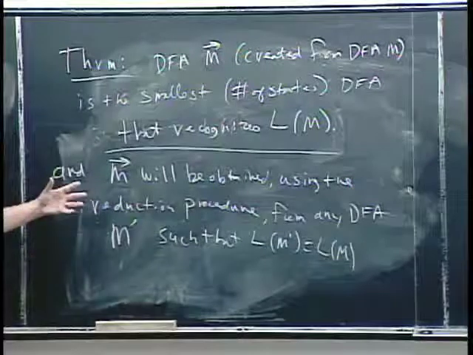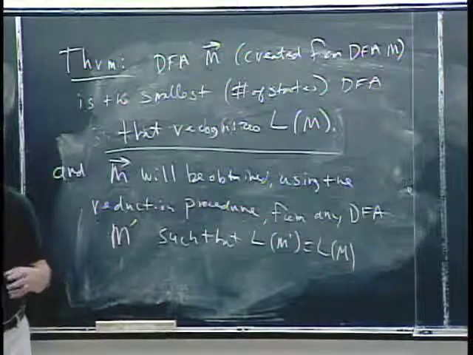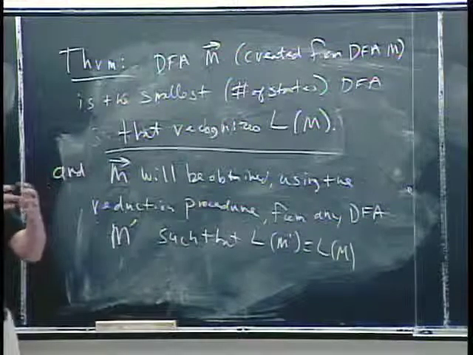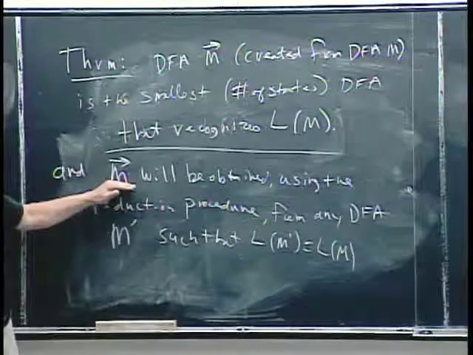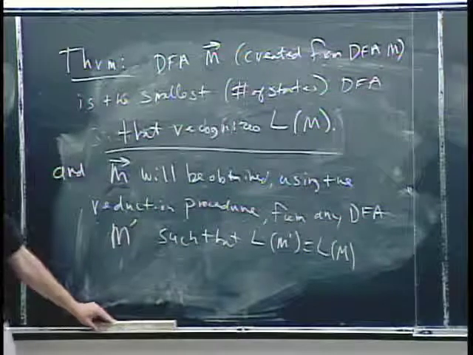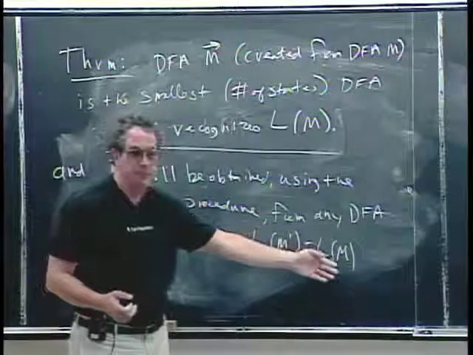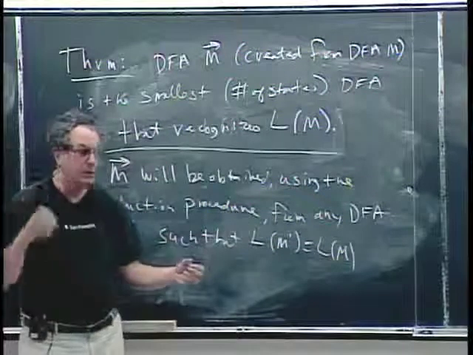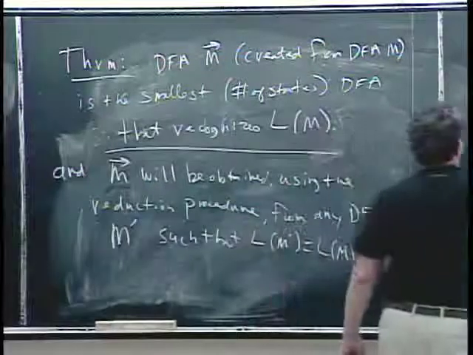So what this is saying is it doesn't matter what DFA you start from, whatever language it recognizes, when you use the reduction procedure, you'll end up with M tilde. And if you start with a different DFA, let's say you start with M prime, that recognizes the same language, L(M), when you apply the reduction procedure to M prime, you will also end up with M tilde. So let me just do a little picture of this.